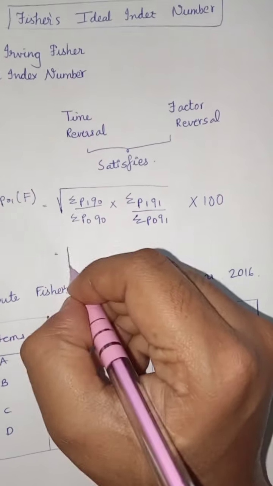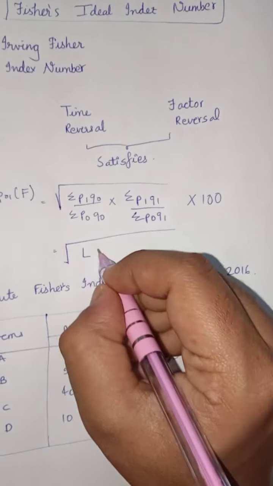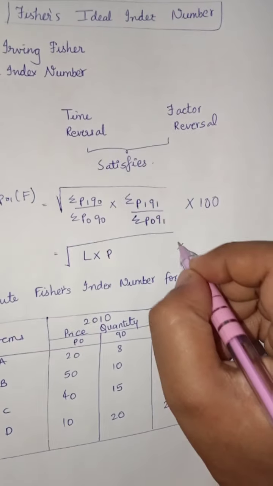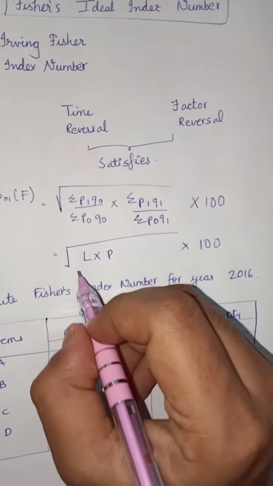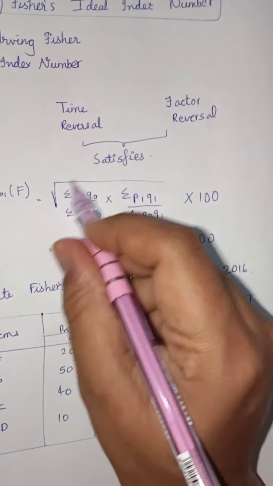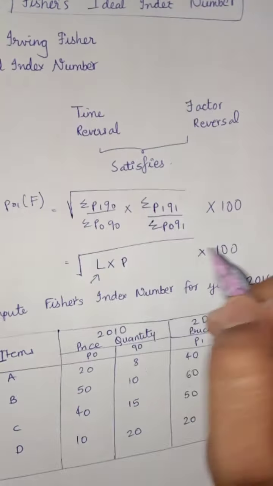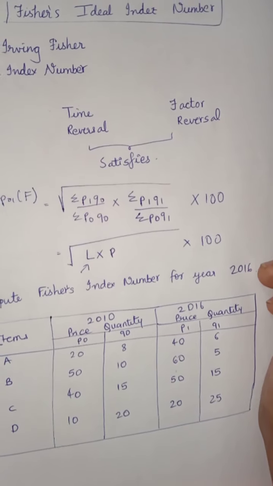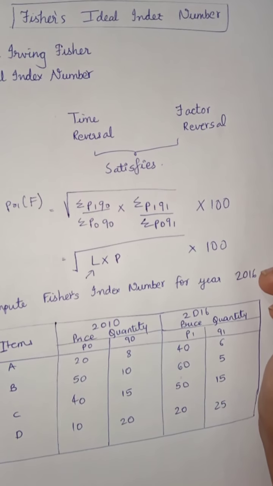We can also call it the GM of L into P into 100, where we are only taking the variable terms from Laspeyres and Paasche, and then multiplying by 100. So this is how we calculate Fisher's method.